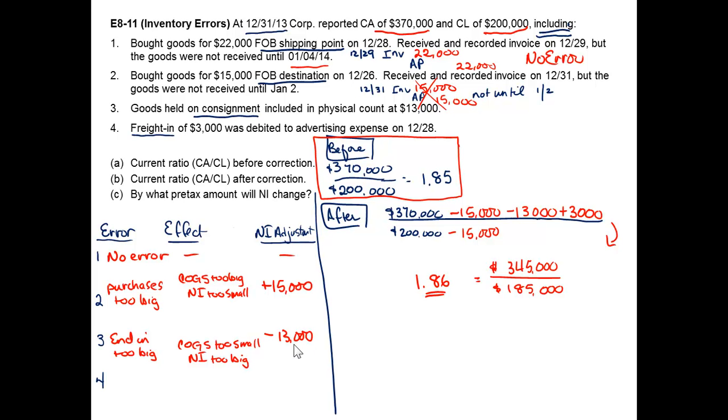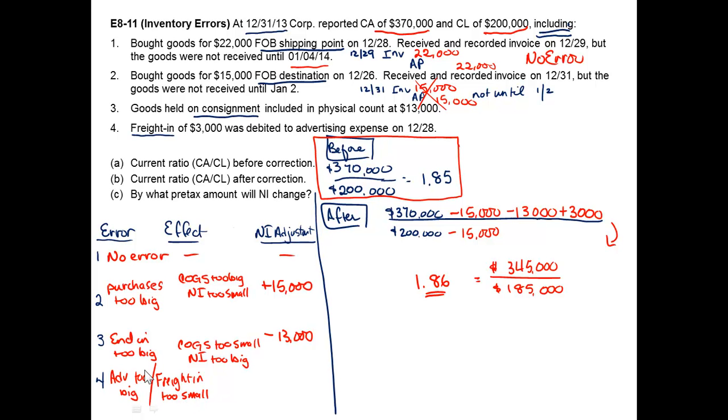In number 4, advertising expense was too big, and if advertising expense is too big, and we put it instead in freight in, which is an expense account, is too small.